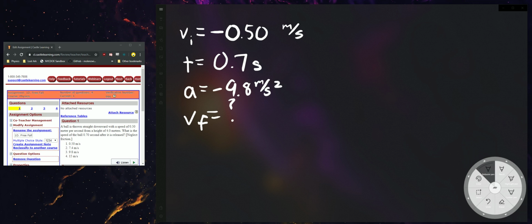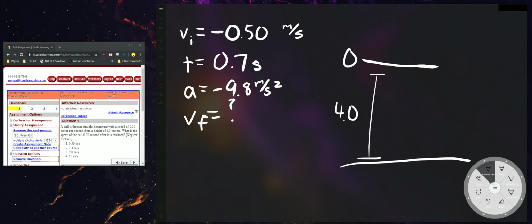Now, the reason why we ignore the height of 4 meters is, again, if we take a look at this, we start at our 0 point, this is our line, and we go downwards, say this is 4 meters. It's 4 meters, sure.